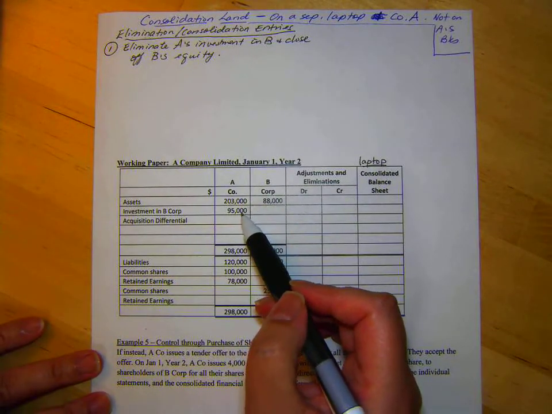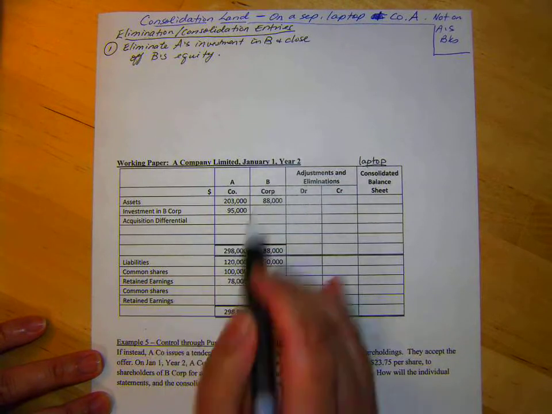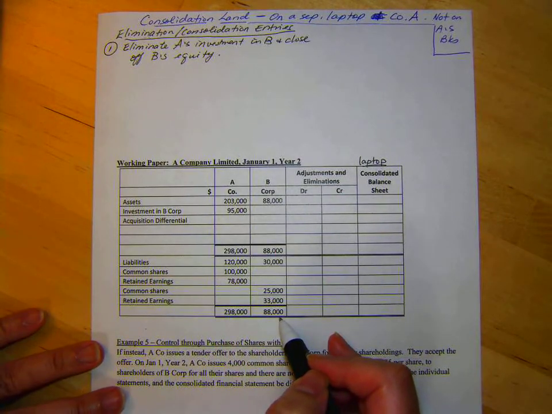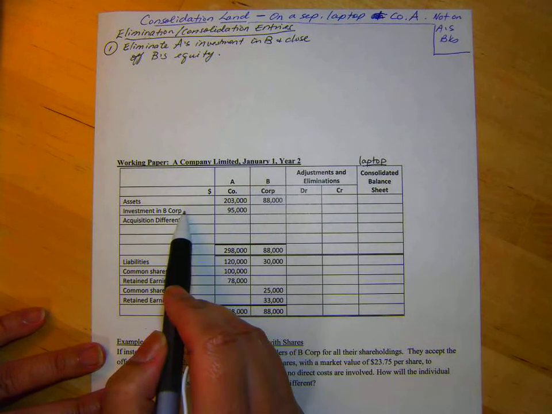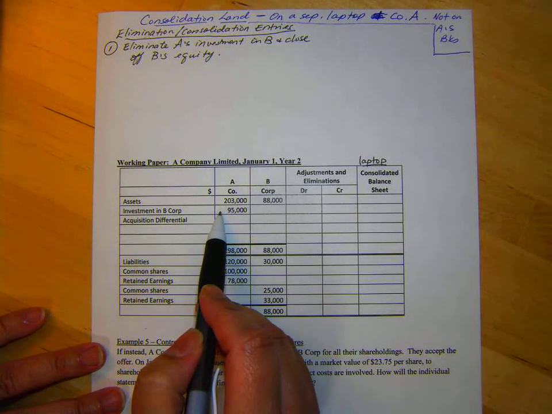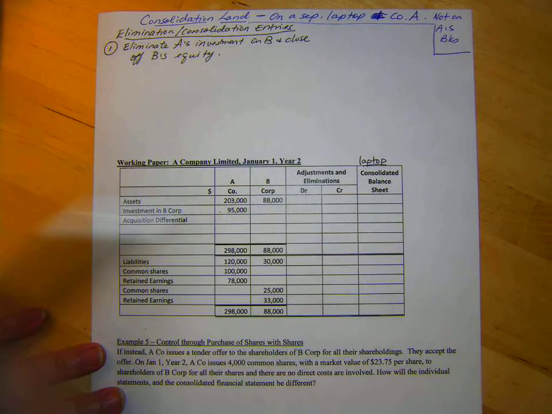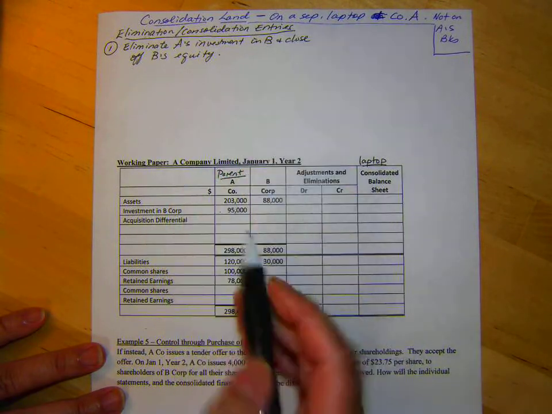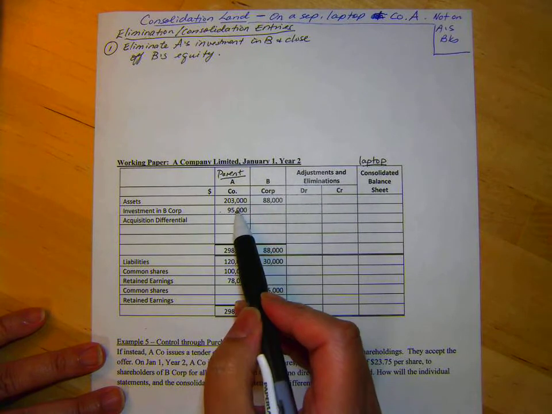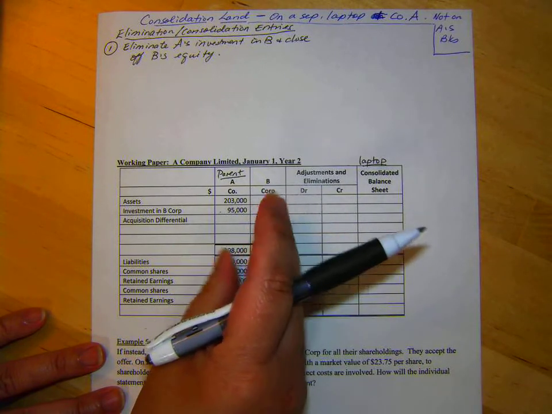You have two companies, Company A, Company B. We're merging them, and right now, Company A has an investment in B Corp. Well, if we merge them into one company, and A is the parent, the main one, can A have an investment in itself when we merge these two together?